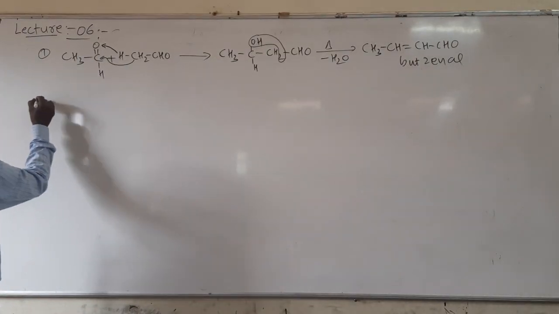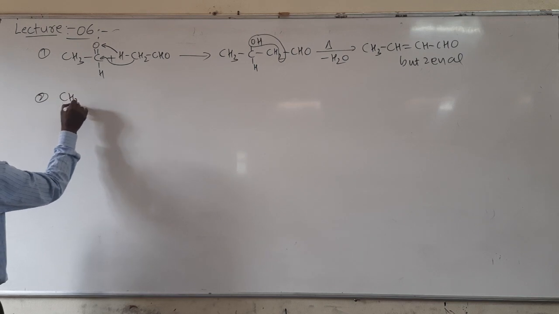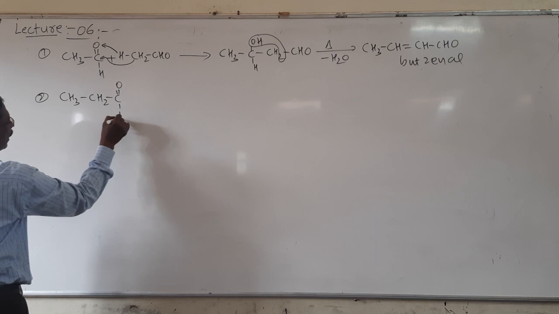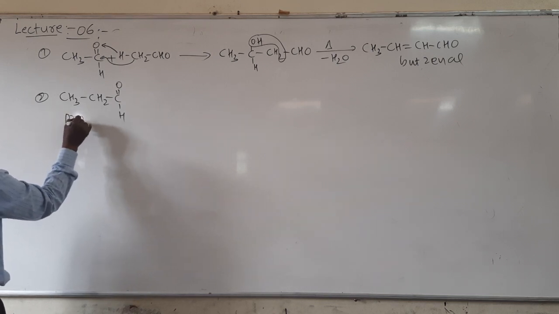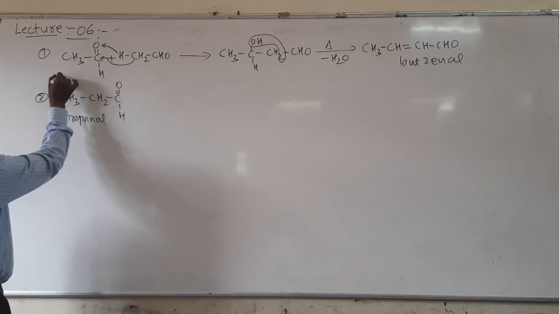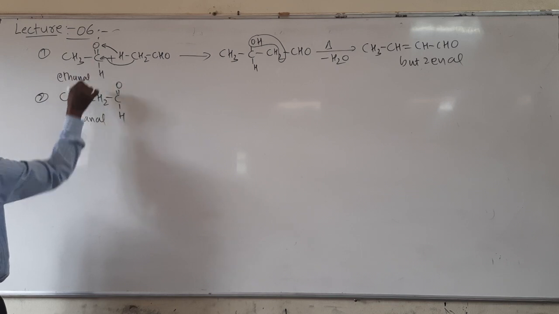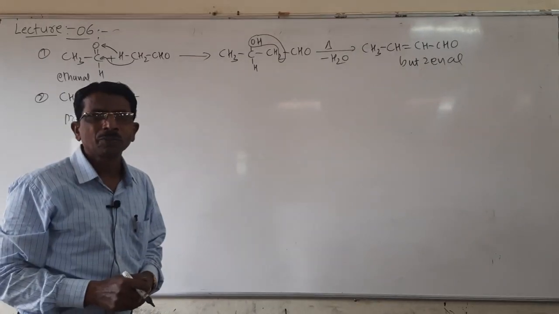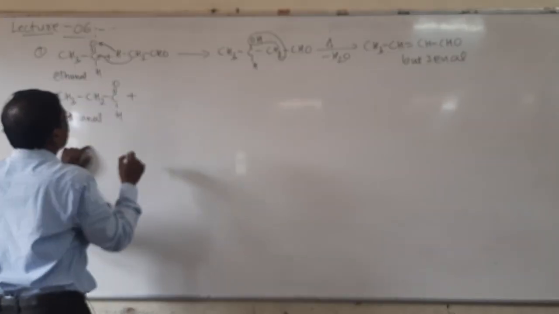Second product. I will write the second product like this: CH3, CH2, CHO, propanol, and ethanol, then the second ethanol. Look here students, here I will write the other propanol like this.